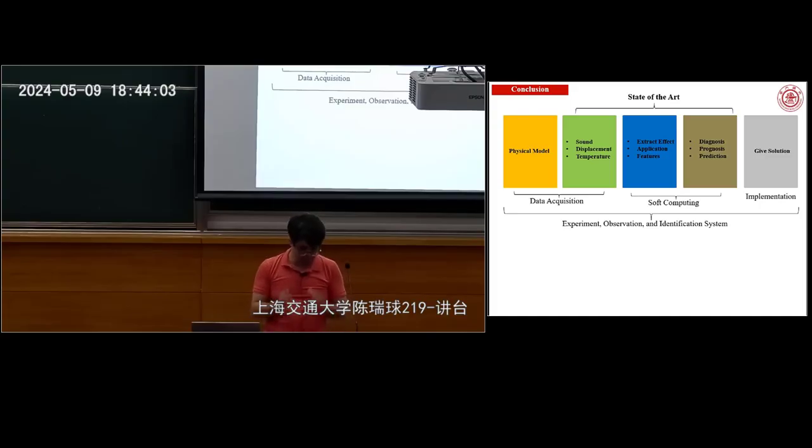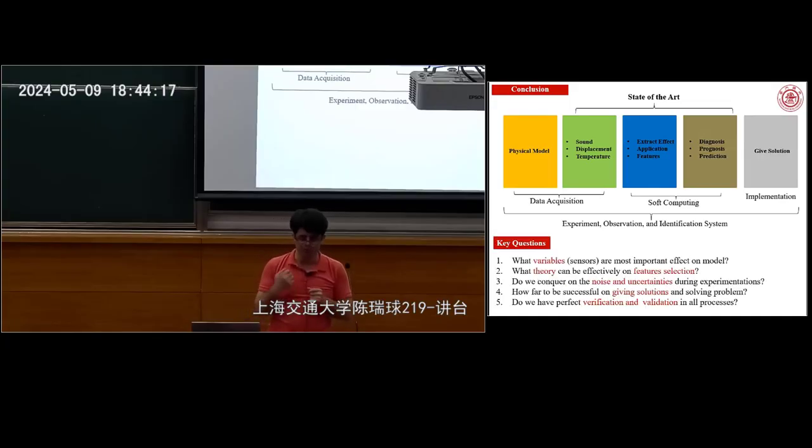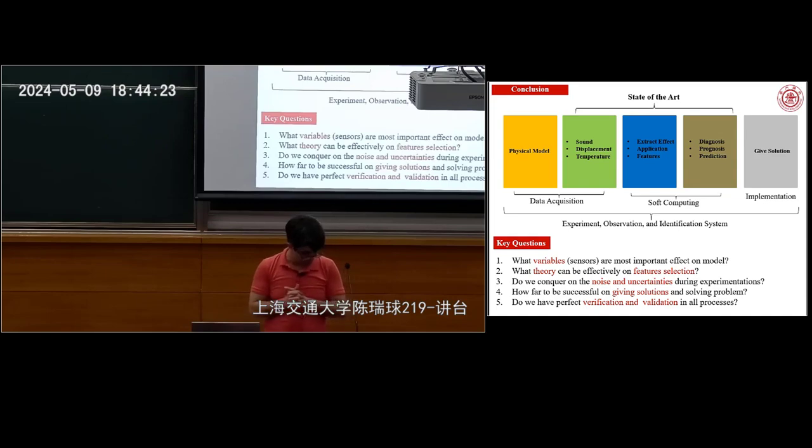So the whole set of blocks defines experiment, observation, and system identification, because after the gray box, you have to predict or solve the problems to present solutions. There are some key questions, in my view: which variables are important for your system?